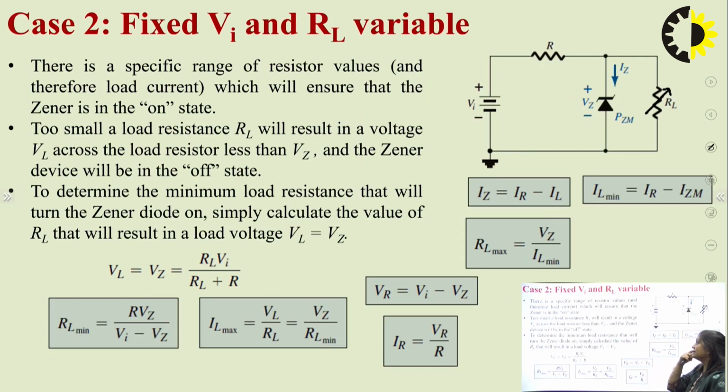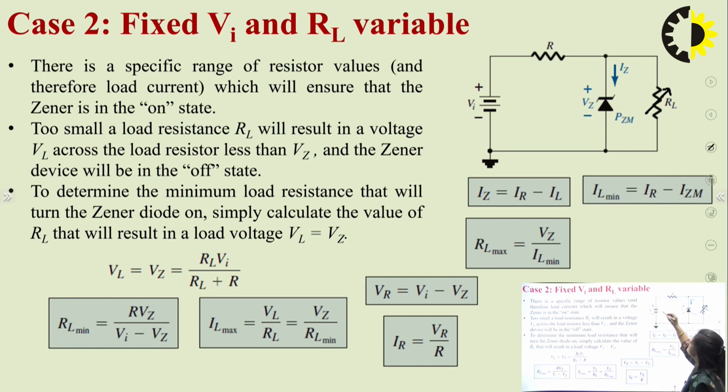Now this is the second case, when Vi is fixed and RL is variable. So this is the diagram, and this is a Zener diode. This resistance is basically used to limit the amount of current that is flowing through the Zener diode.